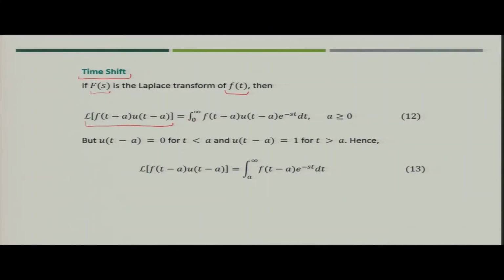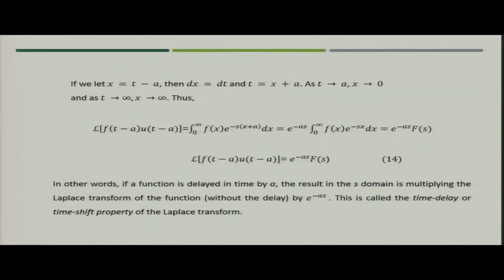So, you will integrate from 0 to infinity f of t minus a u t minus a e to the power minus s t dt, where a is greater than 0. Now, u t minus a is 0 for t less than a, and u t minus a is equal to 1 for t greater than a. So, you will use this property, then your integration will become the integration from a to infinity f of t minus a e to the power minus s t dt.